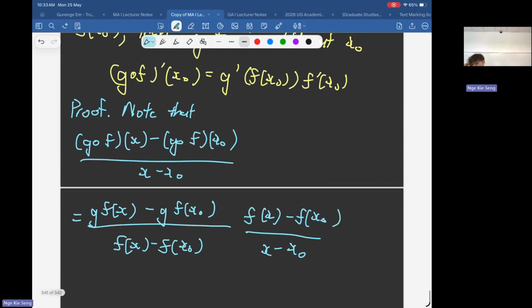So f is differentiable, so this part will get the derivative of f. But how about this part here? We are not sure yet whether this part converges or not.